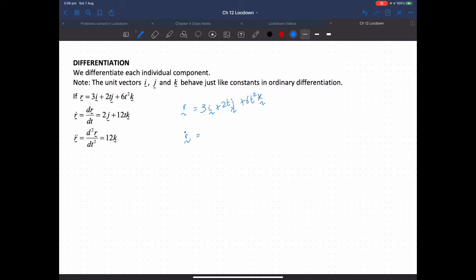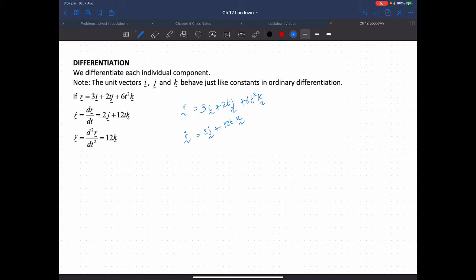The derivative of 2t with respect to t is 2, so I get 2j plus the derivative of 6t squared with respect to t is 12t, and that is in the k direction.